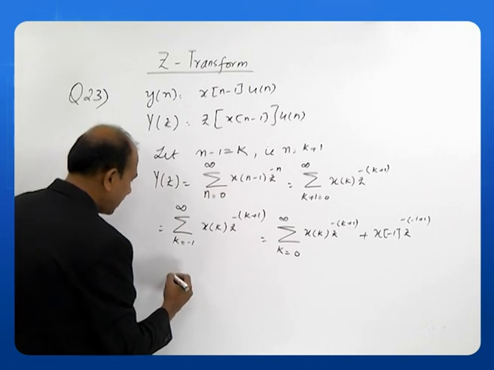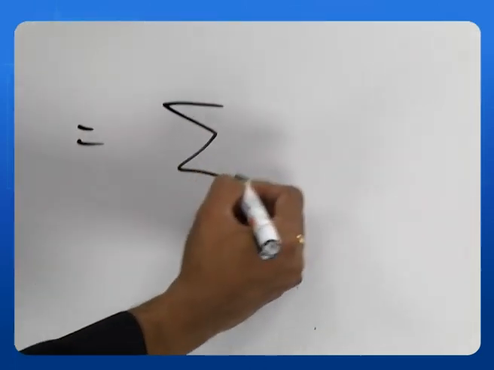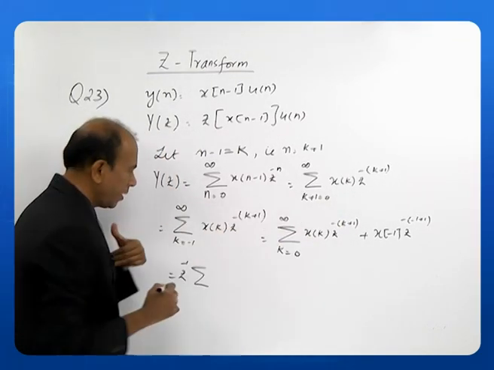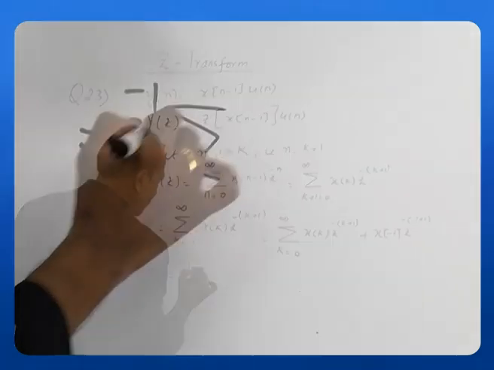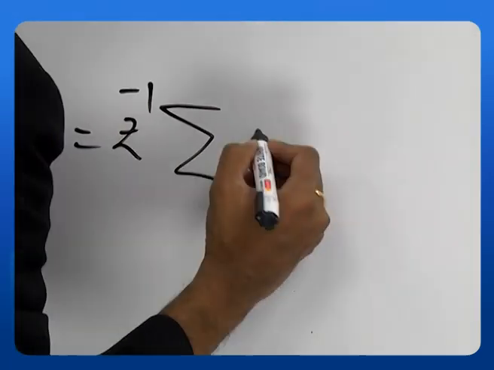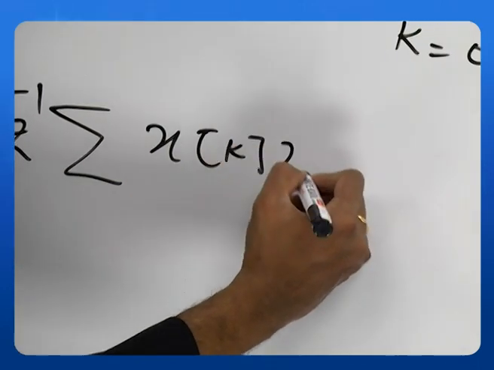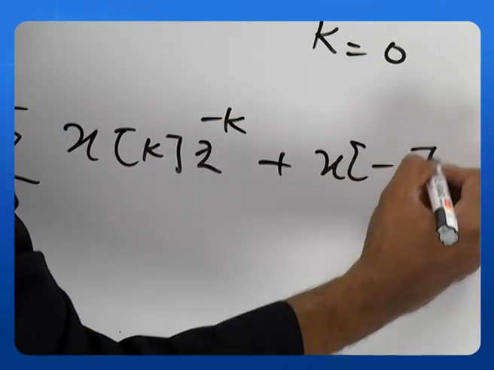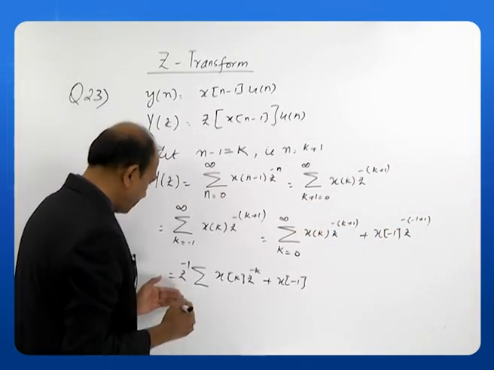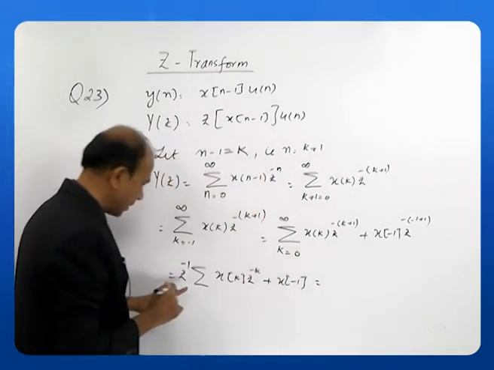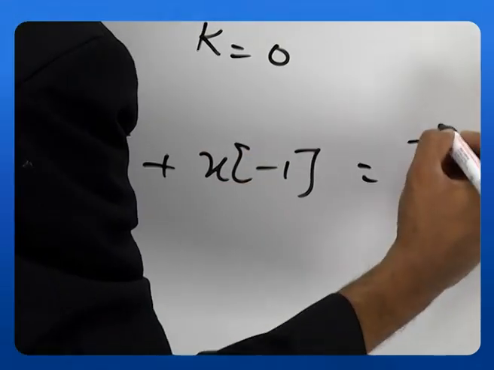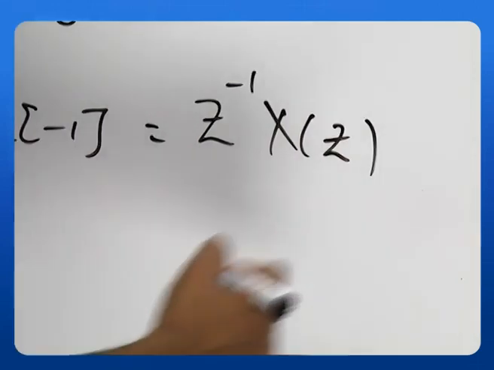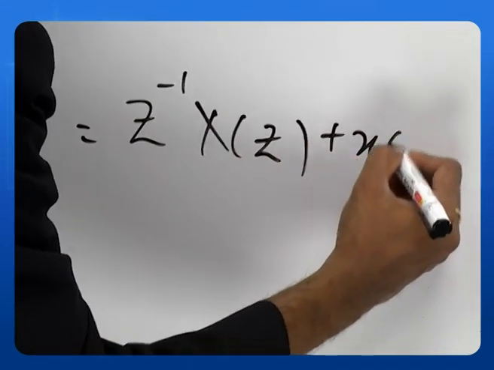Next step, z to the power of minus 1 can be brought out, and then the summation of x of k, z to the power of minus k, plus x of minus 1. Now this is nothing but z inverse times x of z plus x of minus 1.